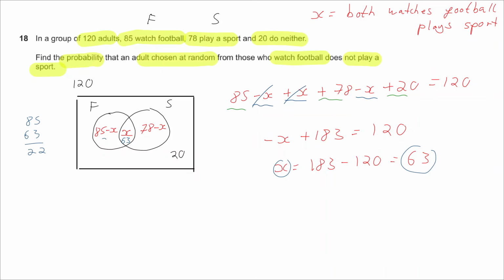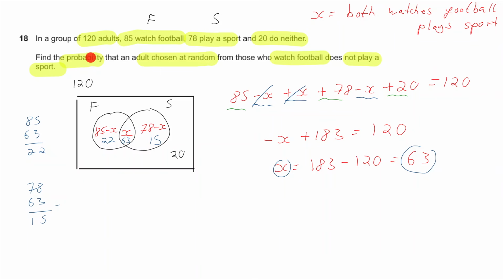So this must be worth 22. This part here, 78, take away X, which is 63, is going to give you a total of 15, and there we go. And if you check, 22, add 63, add 15, add 20, you do indeed get a total of 120, which is good.